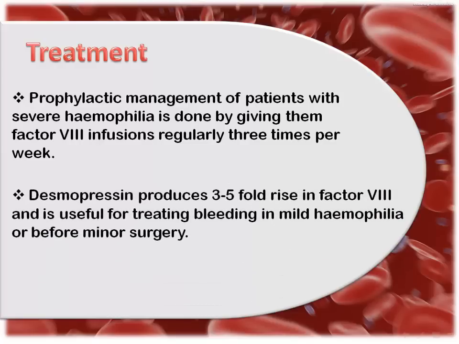Also, there is another mode of treatment which is giving desmopressin, which is a synthetic vasopressin, and desmopressin has been shown to produce a 3 to 5-fold increase in factor VIII, and this is useful for treating mild hemophilia. Like we said above, the level of factor VIII is above 5 international units per deciliter, and also before minor surgery. But in cases of severe hemophilia, desmopressin is not used.